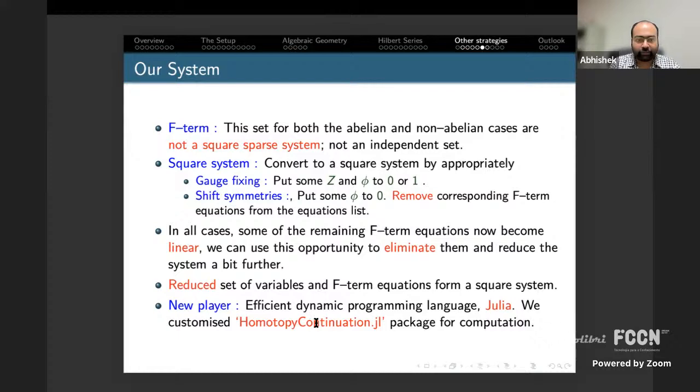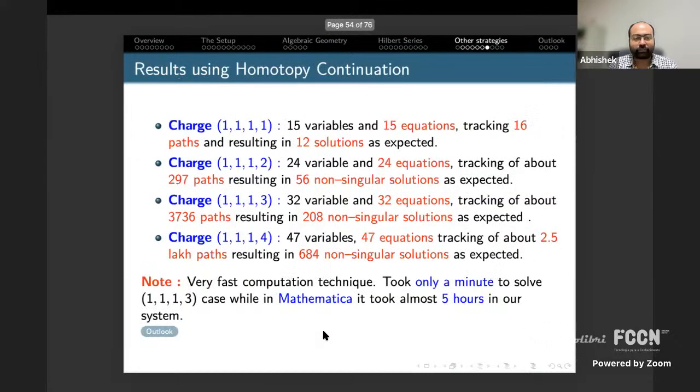But what we have used from the algorithmic side is this new programming language called Julia, and a package called homotopy continuation that was written maybe 2-3 years back. And I also did some of my own modifications to it to adapt to our cases. But with this, you can now basically solve these cases for abelian and the non-abelian charges.